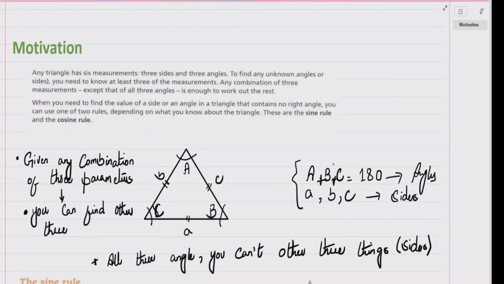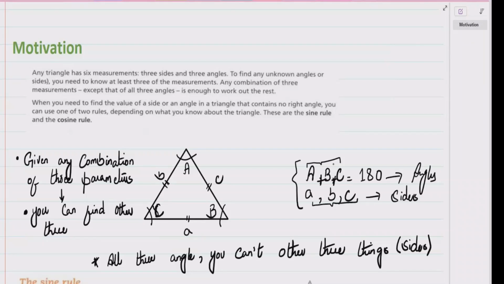So if we are given A, B, and C, all three angles, we can't find the sides. Always remember that in this case it is not possible to find the other three parameters, i.e. the other three sides.